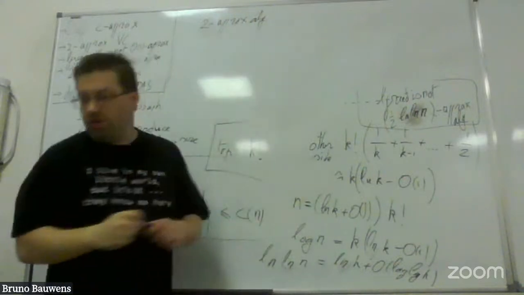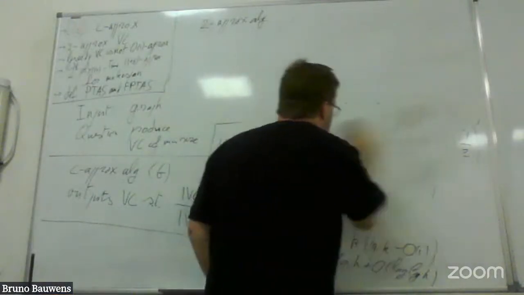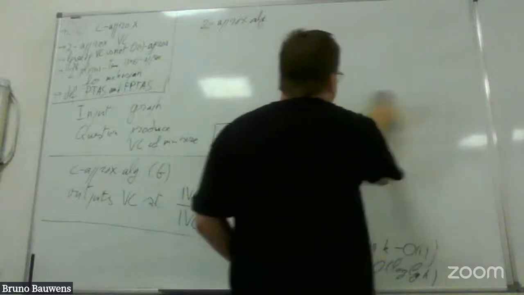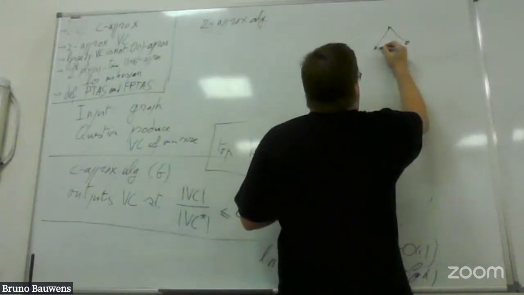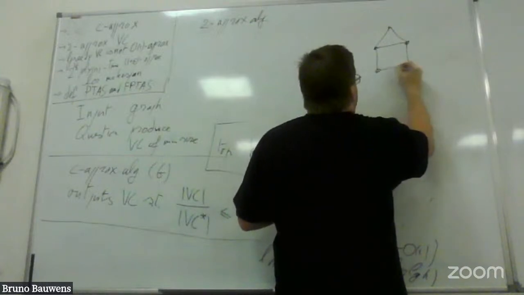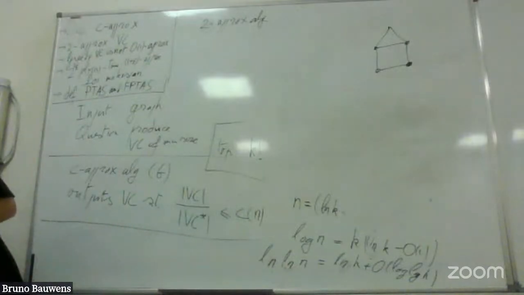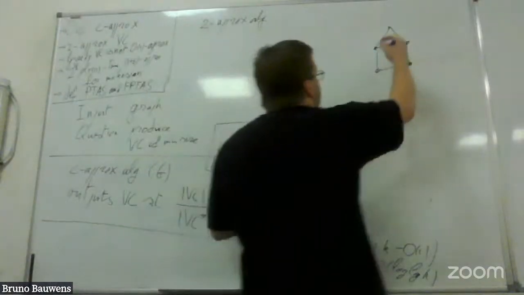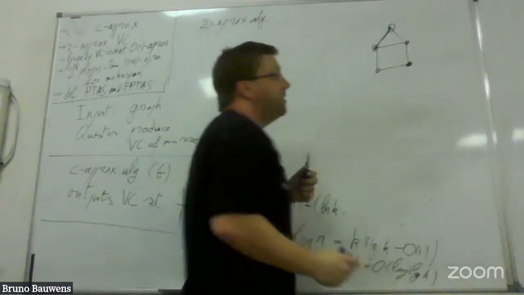Instead of writing it, let's do an example of the algorithm on the usual graph. So what will the algorithm do? It will select an edge and add both nodes to the matching.